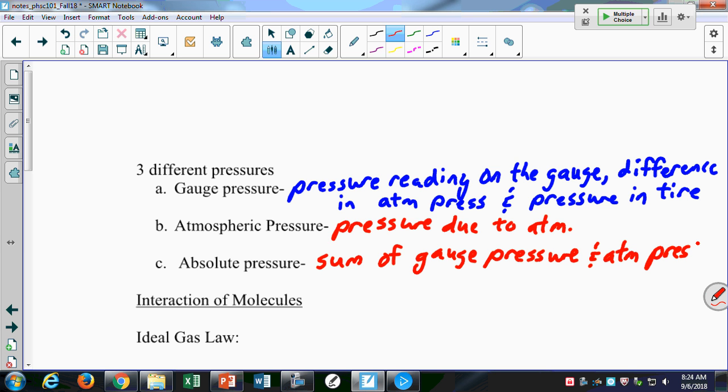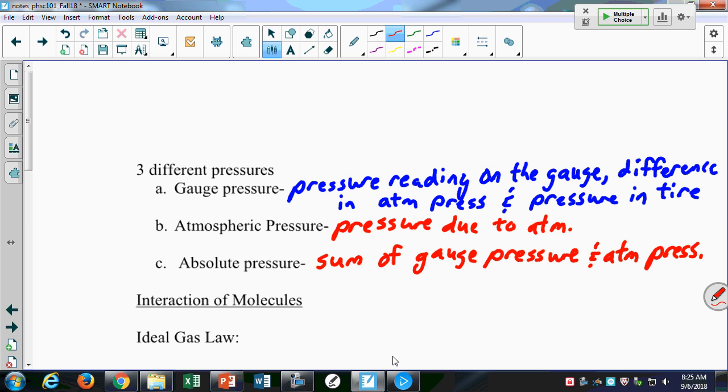Your book talks about this, probably more in depth than I would go, but I want you to know the difference in them. Atmospheric pressure is just sort of what we feel around here. Gauge pressure is that extra pressure that you have inside of a vessel, like a tire, or some gas contained in a container. And the absolute pressure is just the sum of those two.